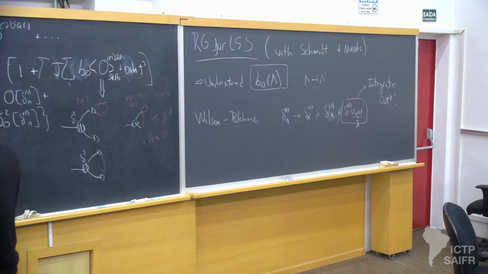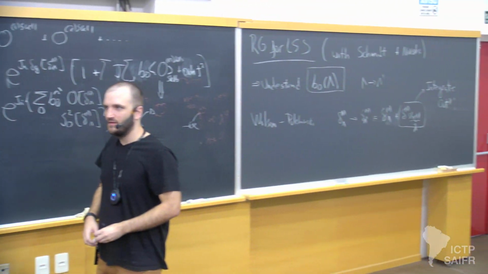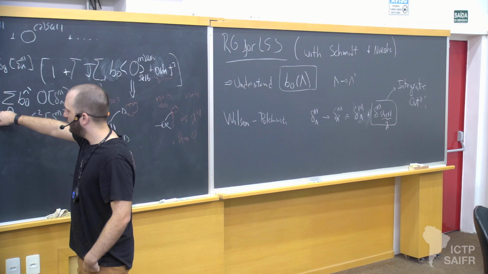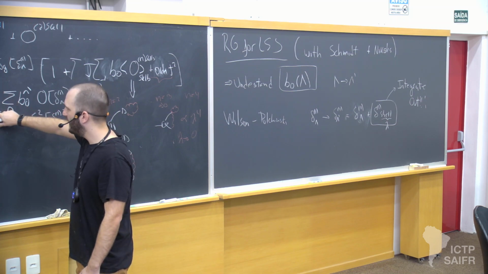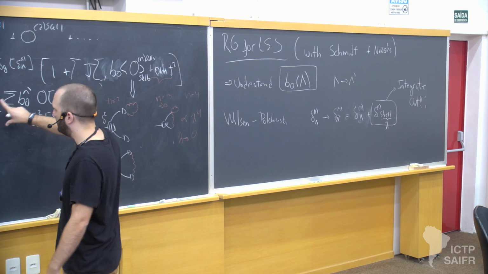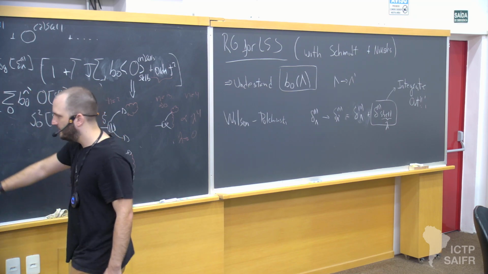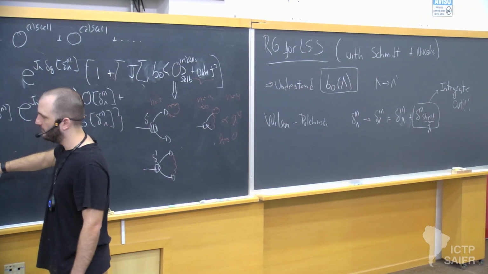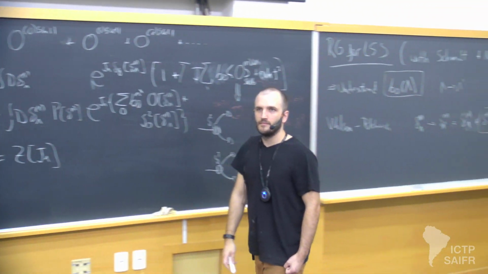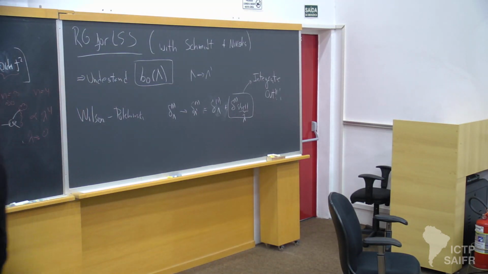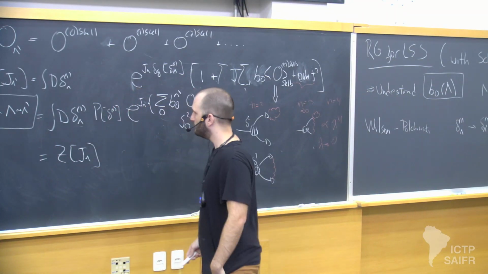Make sense? Because both partition functions should give me exactly the same result. Doesn't matter if I choose my current support here to be lambda or lambda prime, because the support of the current here that has a narrow part that lives in lambda prime is going to give me 0. So it means that I can remove the lambda prime here. And this should be equal to z of j of lambda prime, as long as I restrict myself to these conditions. I'm interested in correlation functions for k modes that are way smaller than lambda and lambda prime.